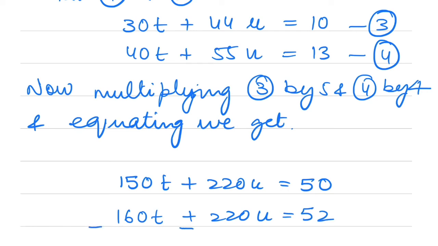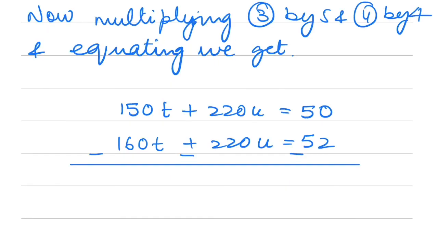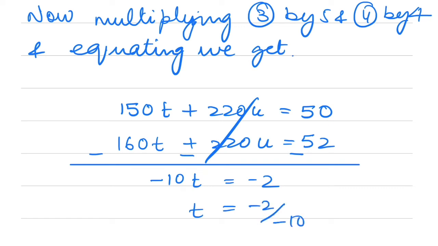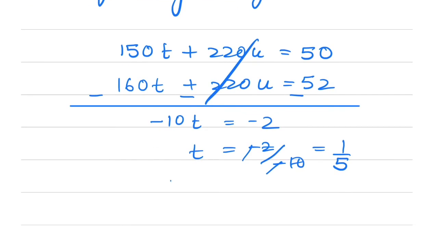Now subtracting, the u terms get cancelled and we get minus 10t is equal to minus 2, t is equal to minus 2 by minus 10, this gets cancelled, so we get 1 by 5. So t is equal to 1 by 5.